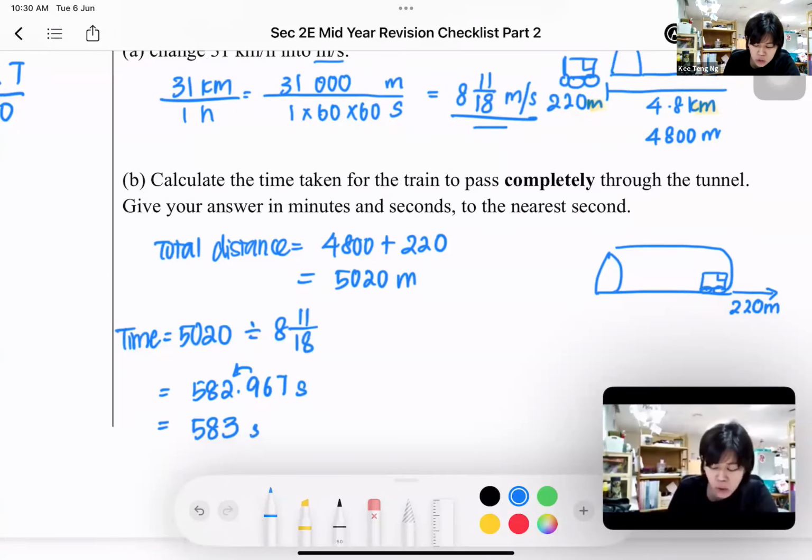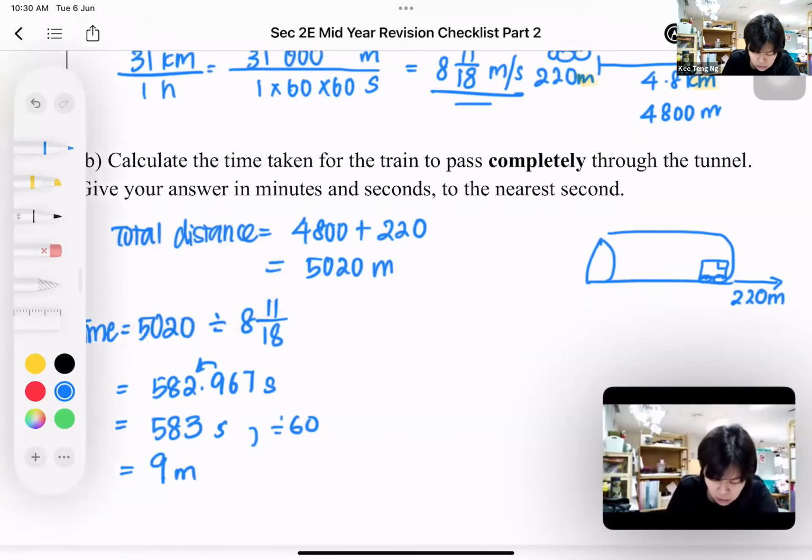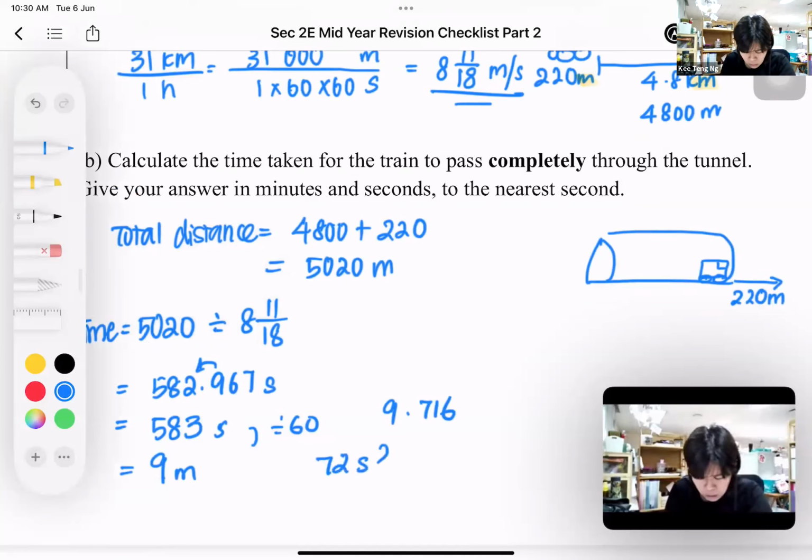Then how do I change this to minutes? If this is in seconds, I divide by 60. So 583 divided by 60. My calculator gives me 9.716. You mean 9 minutes 72 seconds? Cannot, right? So that is not 9 minutes and 72 seconds.